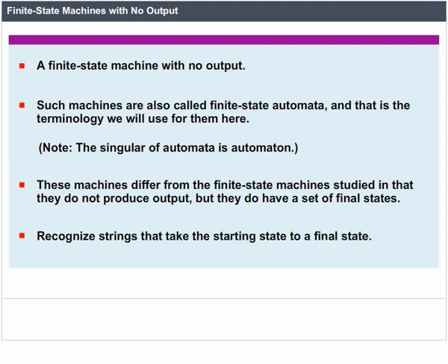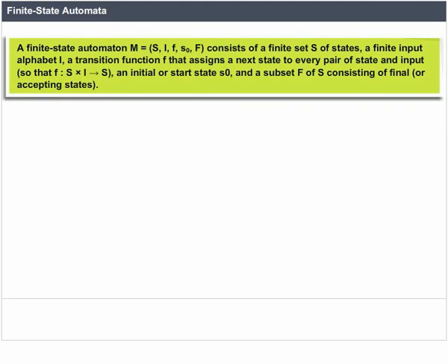A finite state automaton M equal (S, I, f, s0, F) consists of a finite set S of states, a finite input alphabet I, a transition function f that assigns a next state to every pair of state and input, so that f: S x I to S, an initial or start state s0, and a subset F of S consisting of final or accepting states.